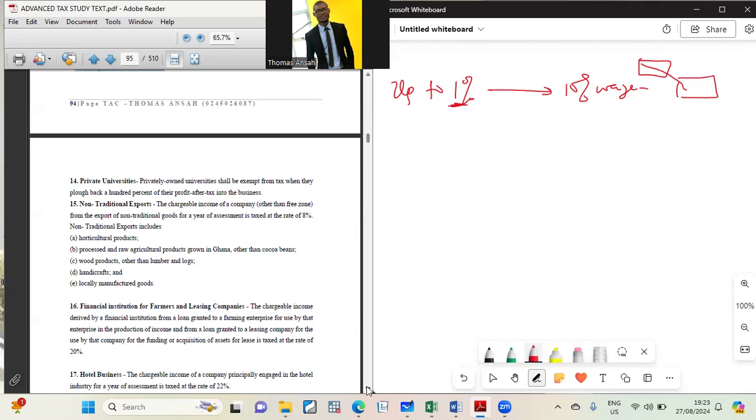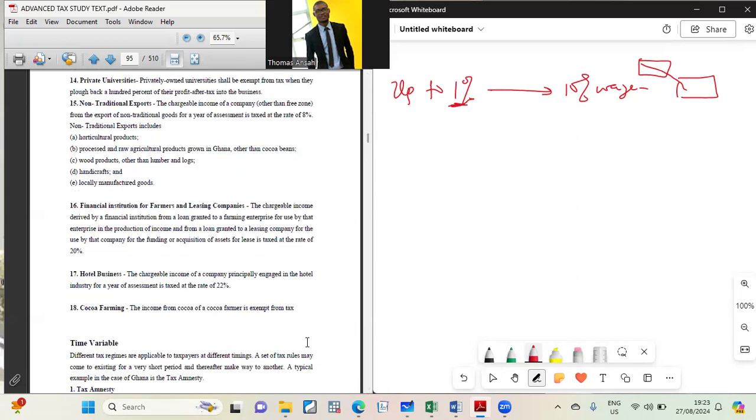So if you're a financial institution, you give loans for farmers, you lease loans granted to leasing companies for them to use as funding to acquire assets or lease assets, then it means that your tax rate is 20%. Hotel businesses, 22%.